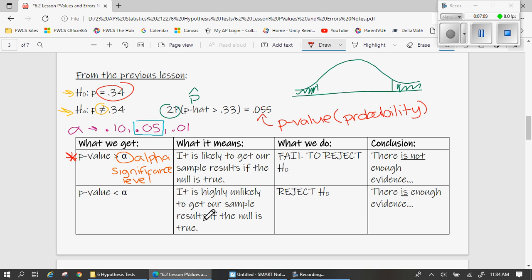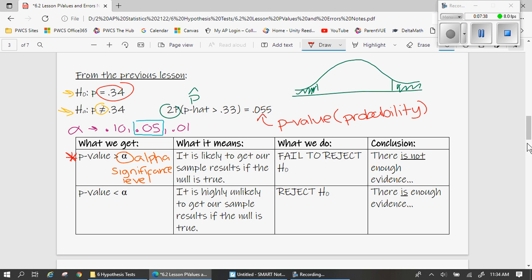And so you can see I'll either fail to reject or reject. In no way will I ever say accept the null hypothesis. Nope, we will fail to reject. It doesn't mean it's true. It means we don't have enough evidence to say it's not true. And so I think this little chart will come in handy about how to compare and what that means. Here's what we decide, and then here's how we draw our conclusion, because we do need to make a conclusion about our scenario.